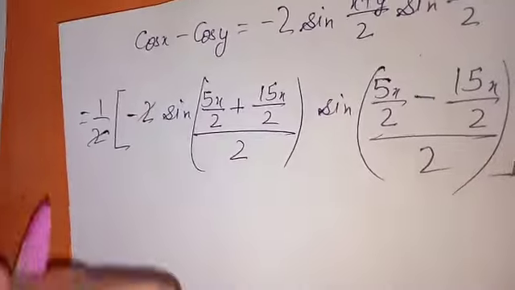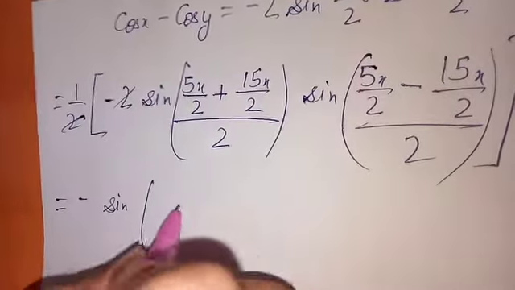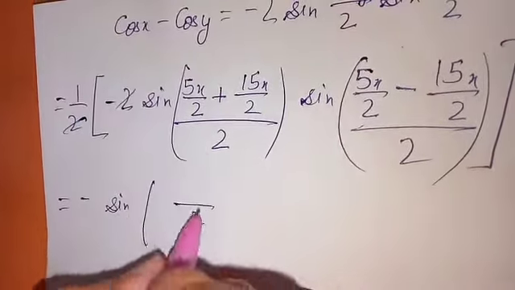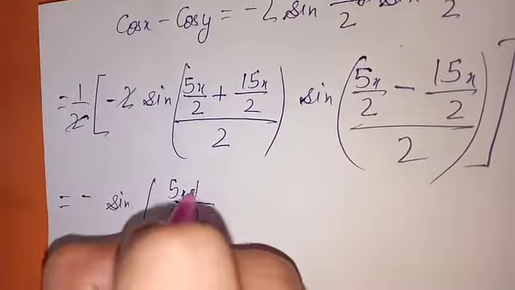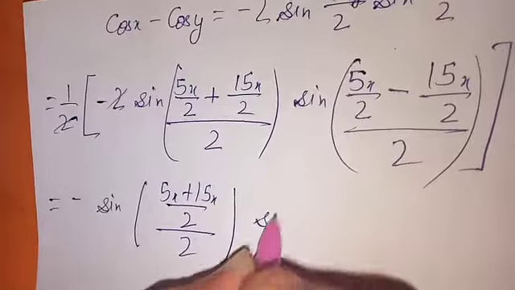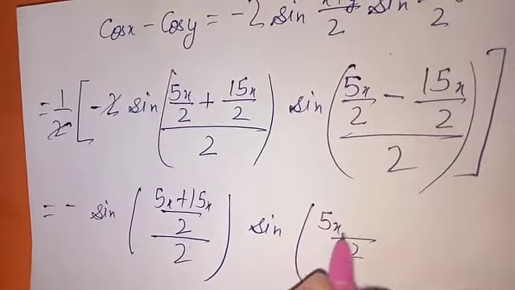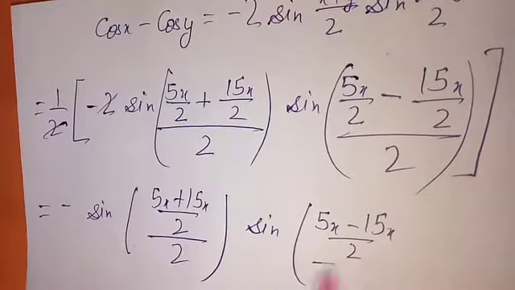So next step, first we will simplify these. So this 2 cancels this 2, so we will get minus sin of, 2 is LCM, 5x plus 15x whole divided by 2 into sin of, 2 is LCM, 5x minus 15x whole divided by 2.